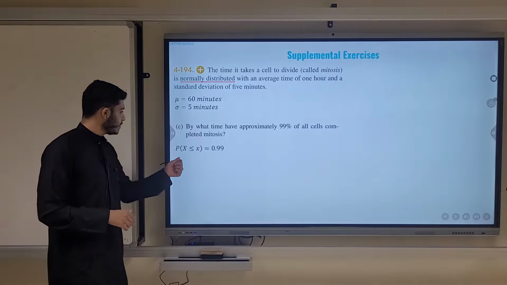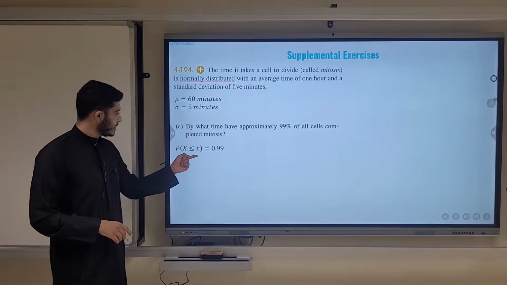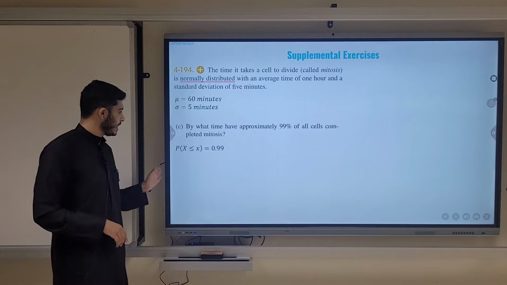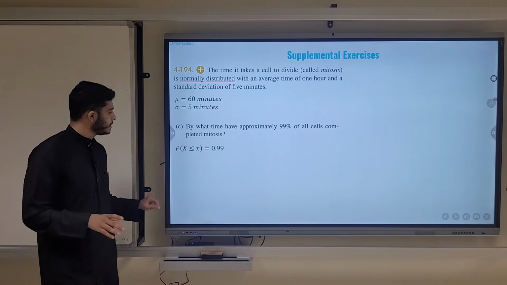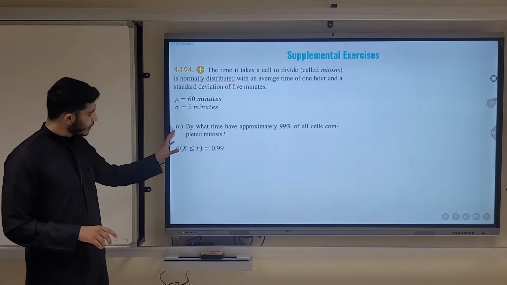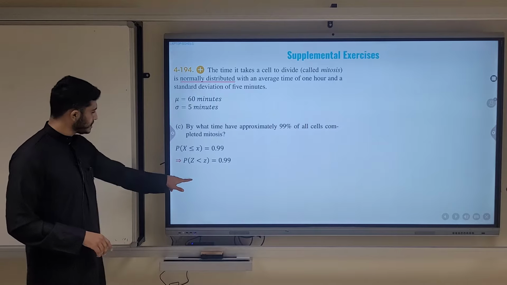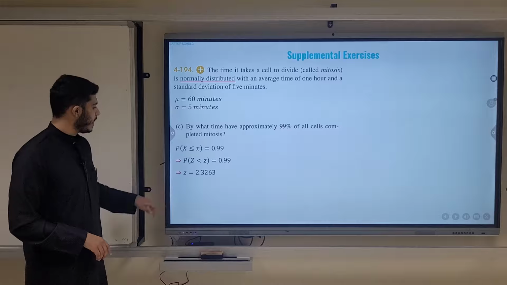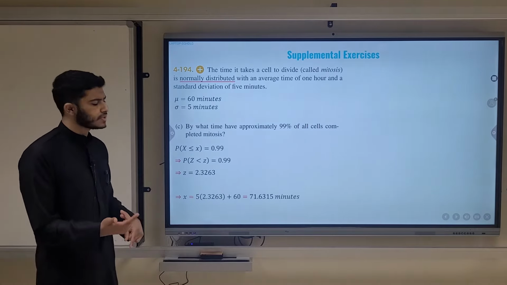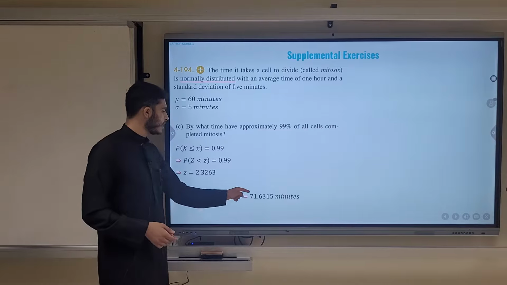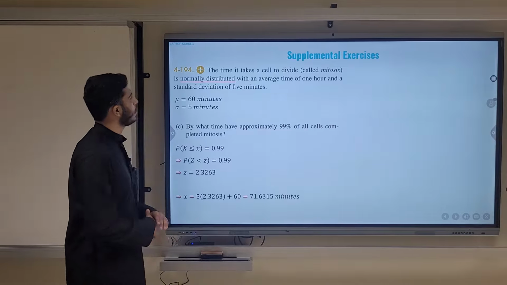So we want to find the value such that 99% of them have completed mitosis. We just evaluate this expression, and we have learned how we do it. We standardize, and then we do the reverse standardization, where we try to find the value of x, and this is going to be the time required.